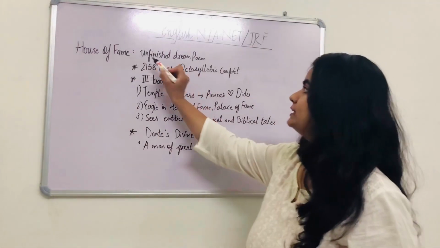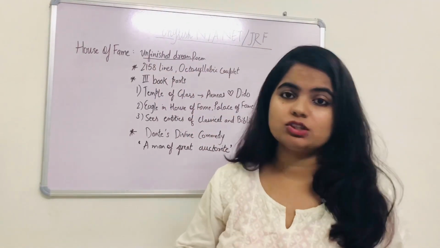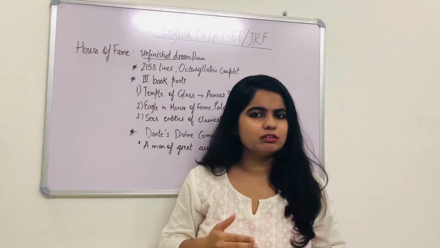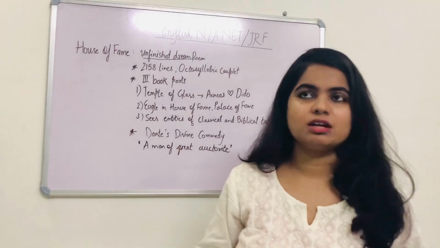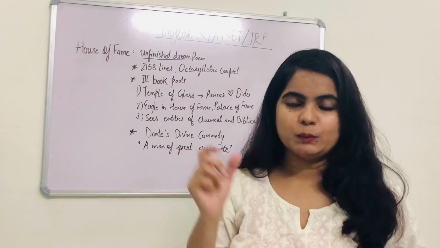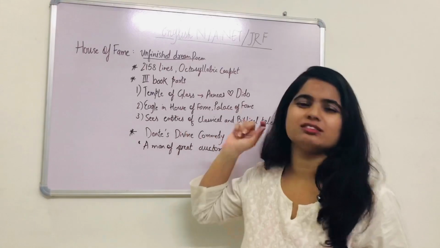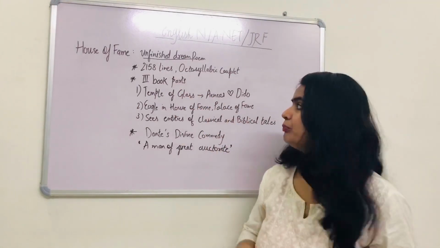It was unfinished dream poetry. In the case of Chaucer, you have to remember that most of the works were dream poem, dream allegory, dream vision. You can have any word with this term, and you can have any question related to dream vision, right?